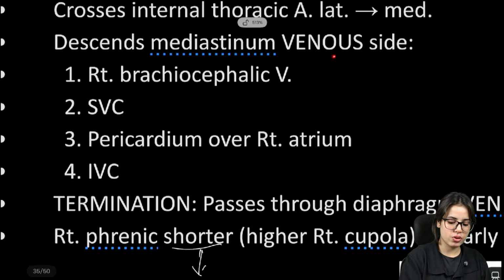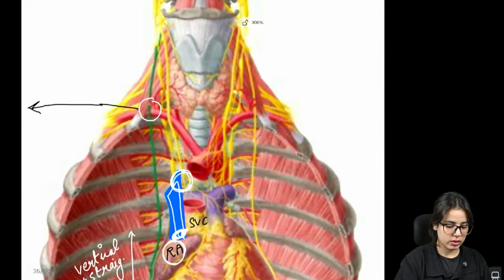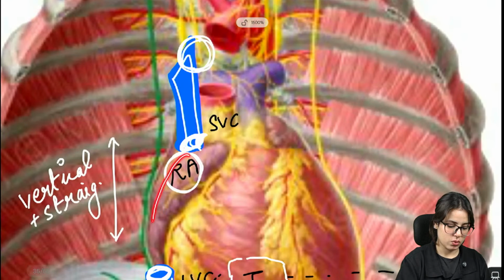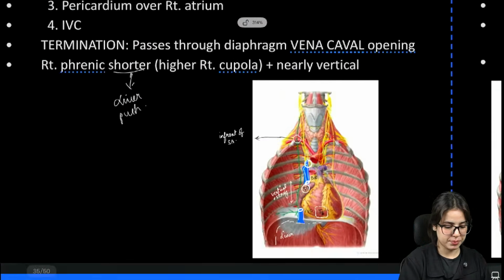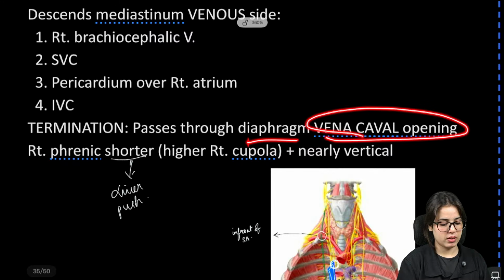So usually all the veins are going to be on its path: right brachiocephalic vein, superior vena cava and inferior vena cava. Also the pericardium, because it's going on the right atrium, so the pericardium that covers right atrium is also included. It terminates through the diaphragm at the vena cava opening.